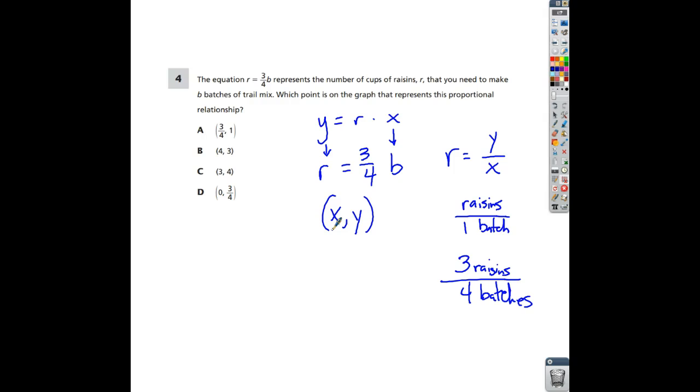All right, when you graph a point, like if I were going to graph a point somewhere, I'd go left and right, and then I go up and down. So x comma y. But what is x in this? It's the number of batches, comma, the number of raisins. So my correct answer is, right, it's how many batches? 4 batches for 3 raisins. And if I look over here, my correct answer is B.